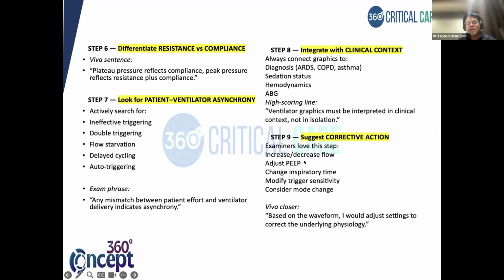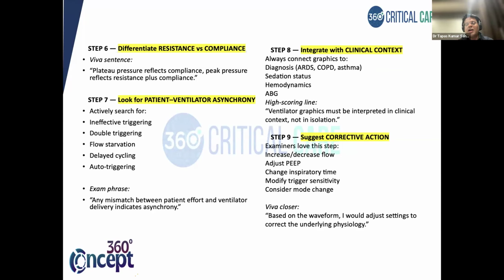Examiners love this step where you will be increasing or decreasing the flow, adjusting the PEEP, changing the inspiratory time, modifying the trigger sensitivity, maybe changing from 40% to a threshold of 20%, considering changing the mode. If you are not happy with volume control on the ventilator, you change it to PRVC, or you change to APRV. So the examiner would be biased that yes, this candidate is excellent.